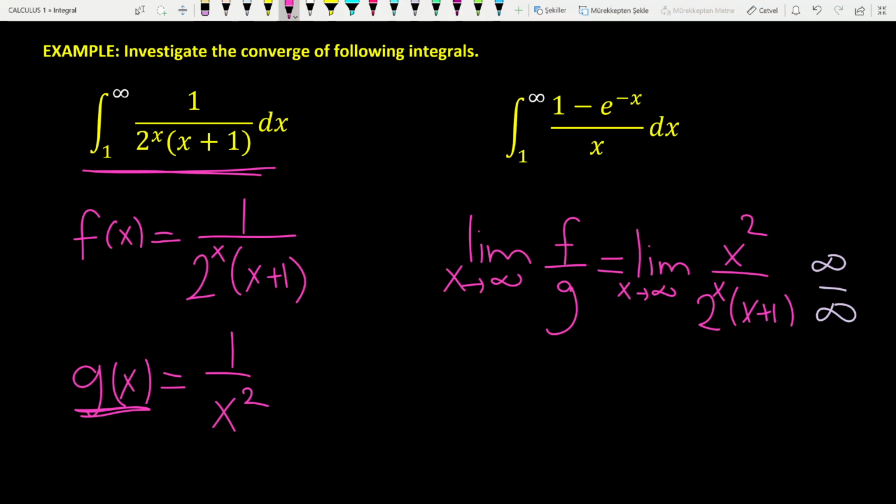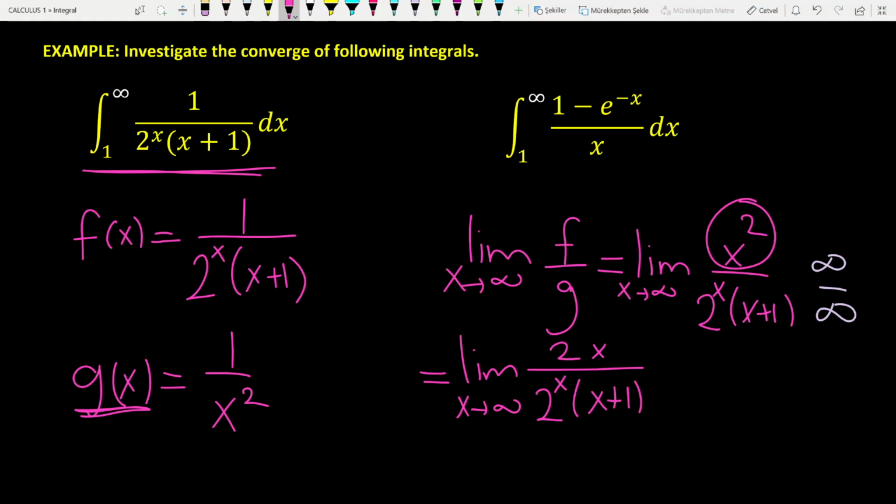If you apply it once, the derivative of x squared is 2x, and for the denominator, using the derivative of the exponential function, you have 2 to the power x ln 2 times (x plus 1) plus 2 to the power x.